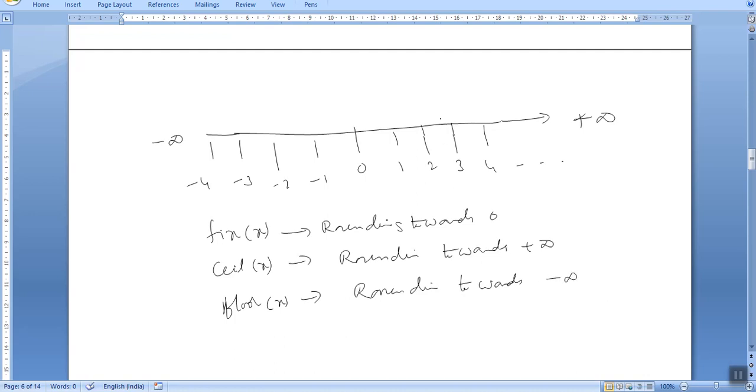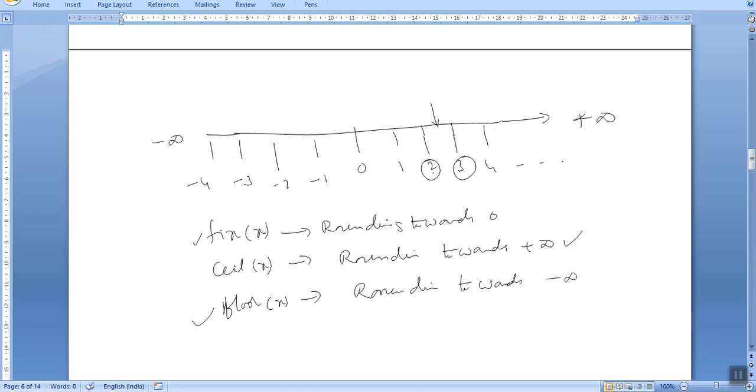Rounding towards 0 is fix. Rounding towards negative infinity is floor. Rounding towards positive infinity is the ceiling function.